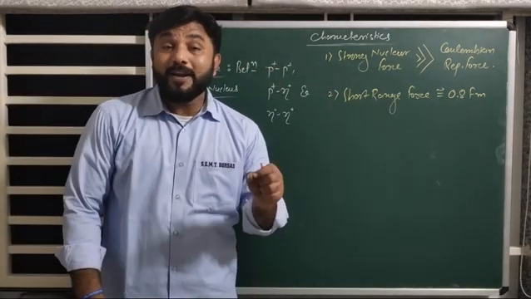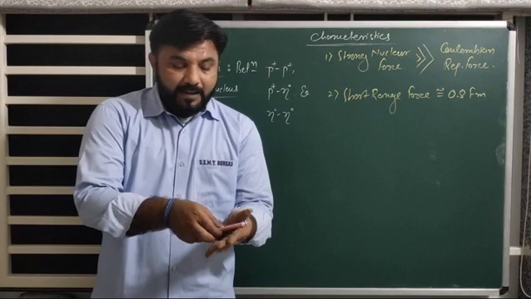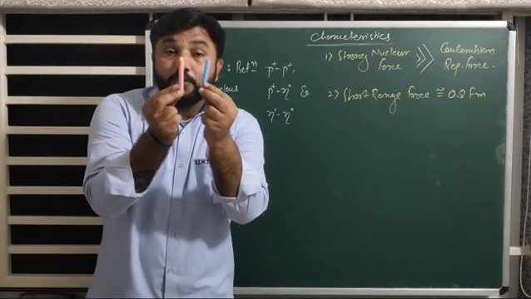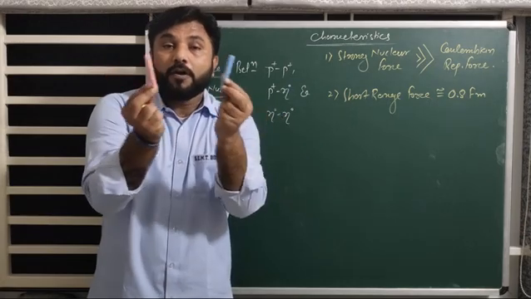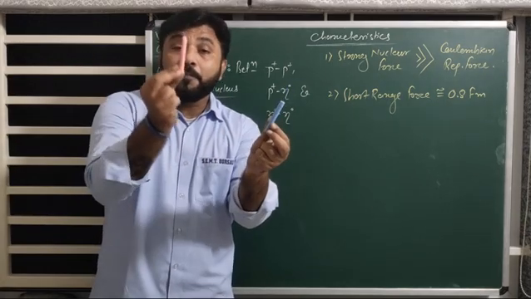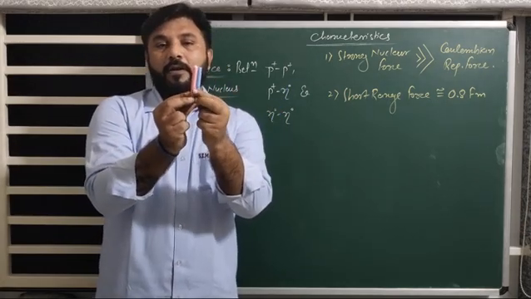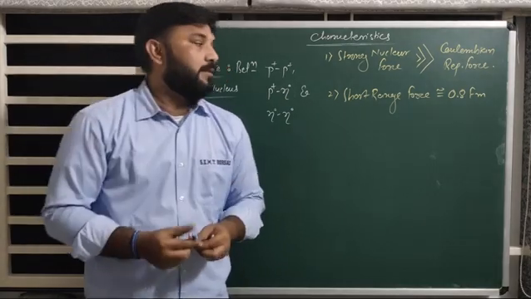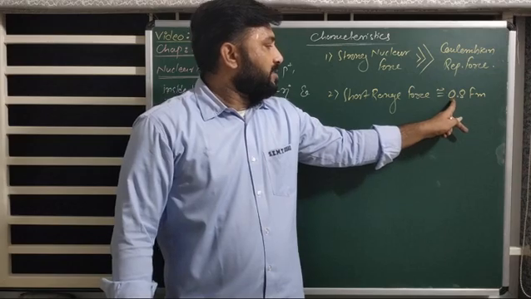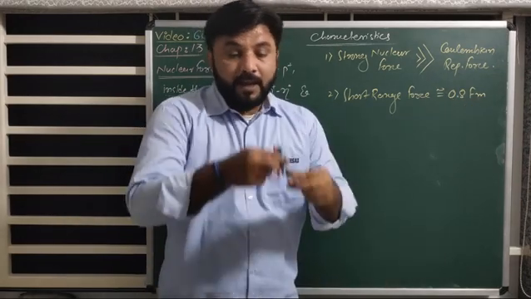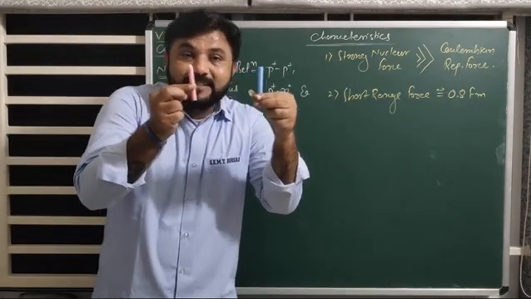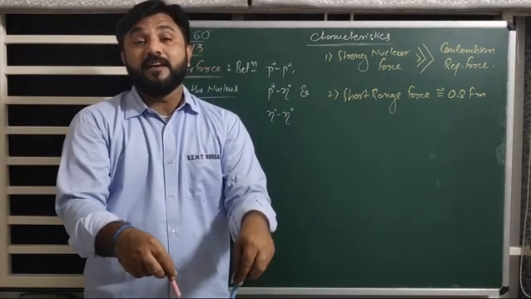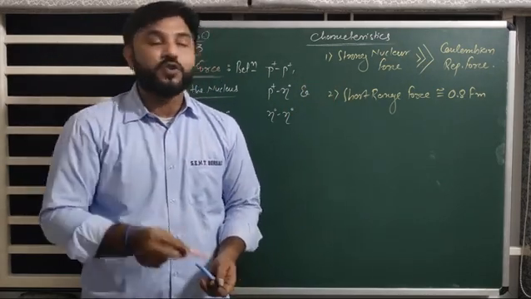Okay, 0.8 FM means it exists. That strong nuclear force exists between two protons or two neutrons or proton and neutron. And the distance between that proton and neutron must be 0.8 FM. If the distance increases, the strong nuclear force decreases and becomes zero also.